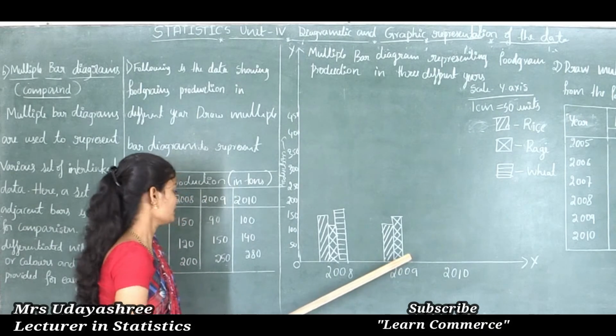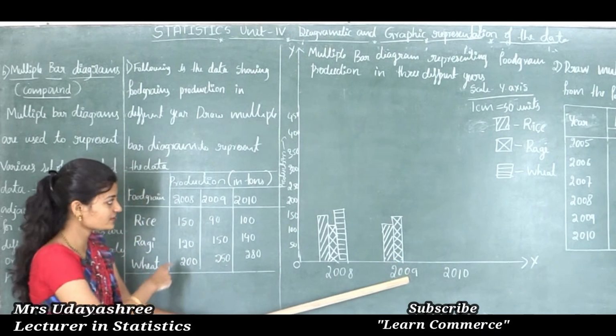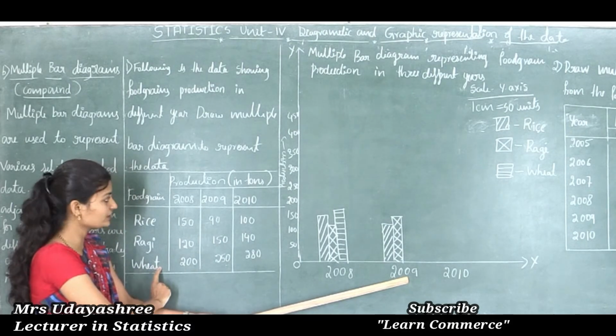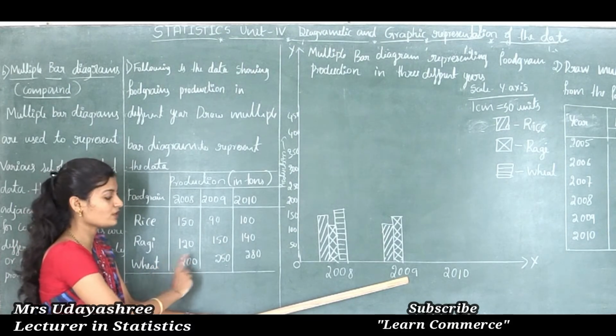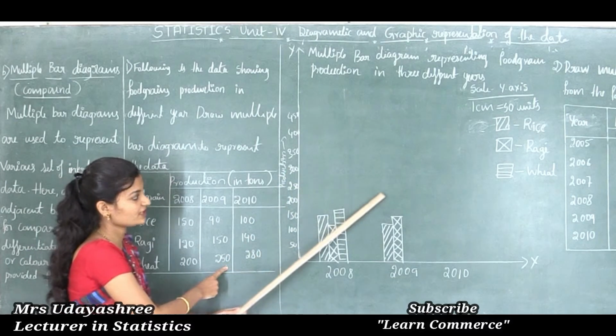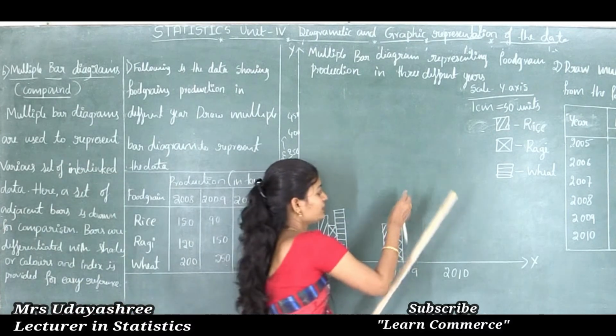Okay, next, in 2009, move to wheat production. So the production of wheat in 2009 was 250 ton. So 250 is here, so here we need to draw a bar.